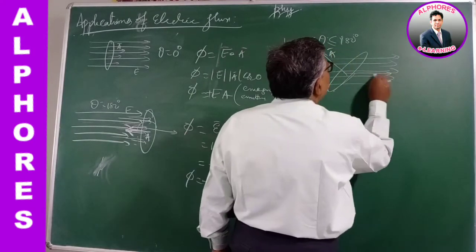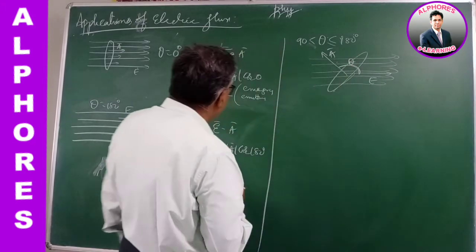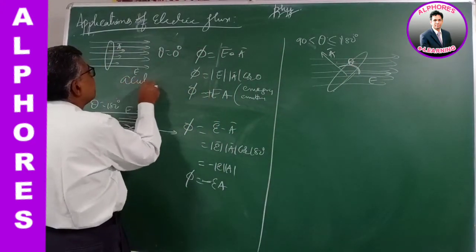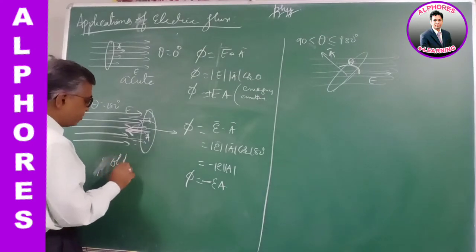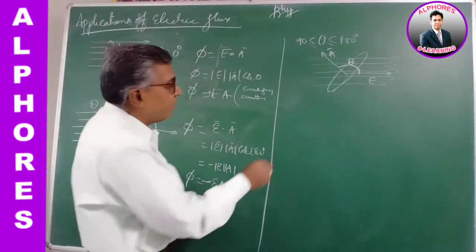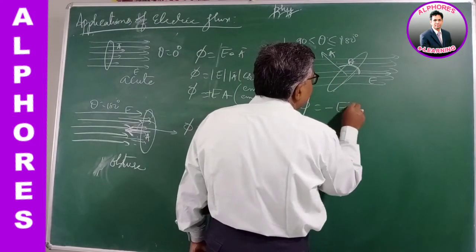So the electric field E this side, A this side, angle is theta, obtuse angle. This is for acute angle, it is positive. Right? This is for obtuse angle, negative. For all theta greater than 90, the flux is minus EA cos theta.